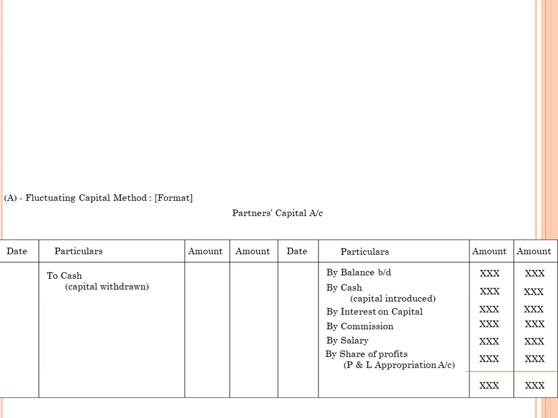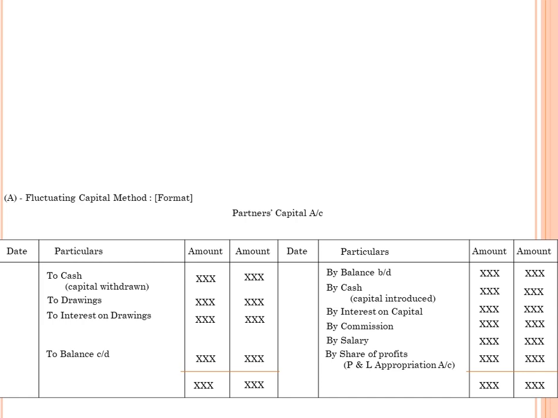On the debit side, to cash, the capital withdrawal by the partner in the middle of the year, the amount withdrawn by the partners for their personal expenses, which is called drawings, and to interest on drawings, and find the total. The balancing figure on the debit side we call the closing capital. So this is the simple proforma for the fluctuating capital method.